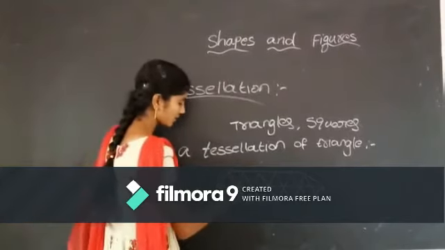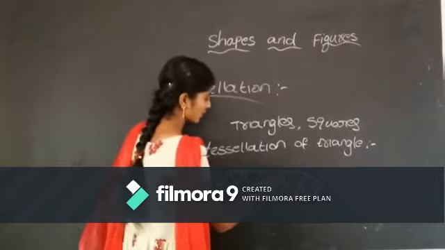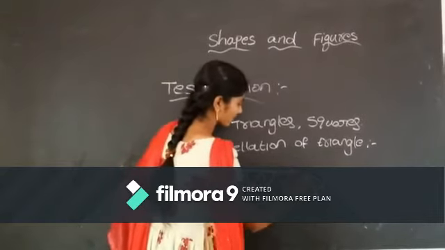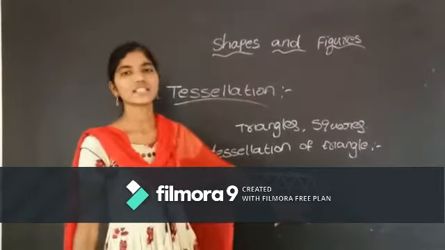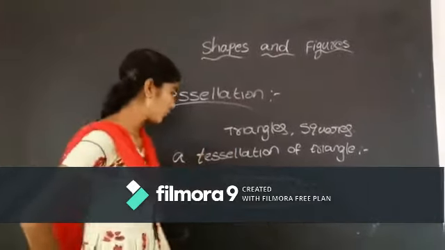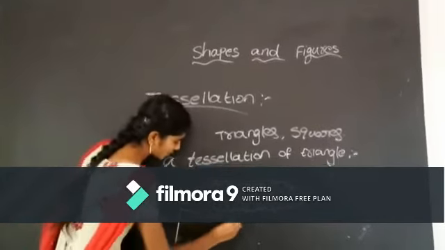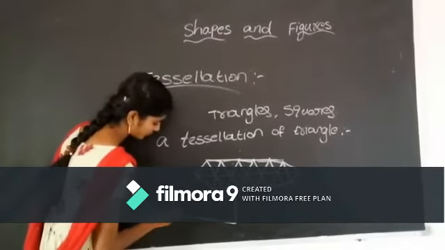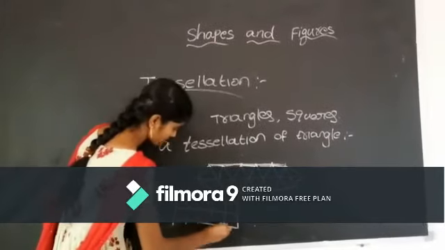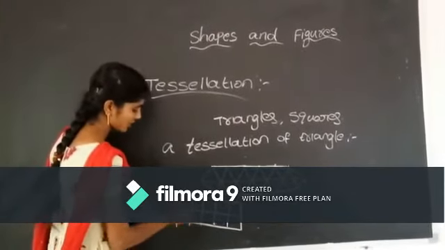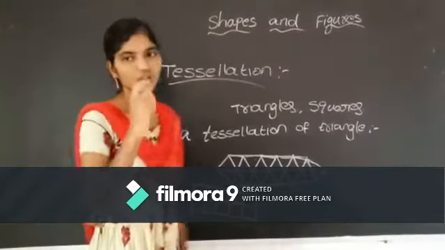We can see these triangles. These are the triangles or not? Yes, these are triangles. This is called tessellation of triangle. And we can see the tessellation of square. This is the square and this is the tessellation of square. Okay.